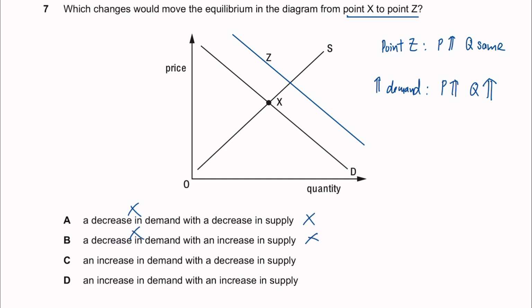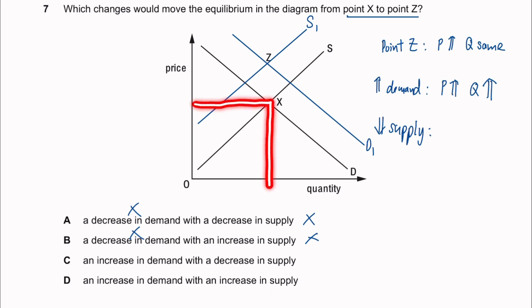So now let's determine supply. Let's try a reduction in supply first. Okay, we can try to draw. Let's see what happened in the reduction in supply. So this is the equilibrium point, and then right now we move leftwards, so here. So we can see that the price increases and quantity reduces. Let's write down: price increase and quantity reduces.